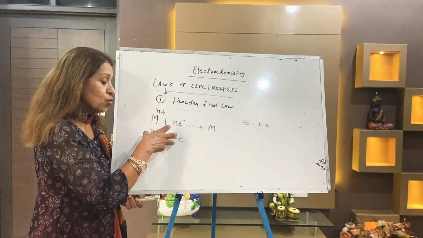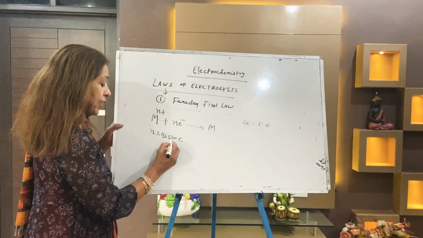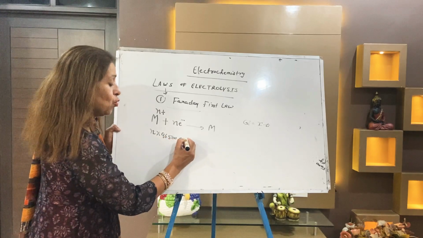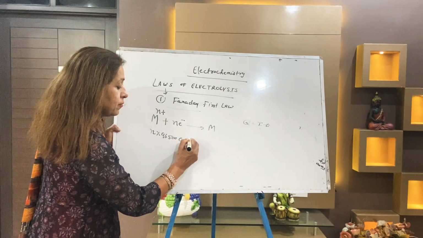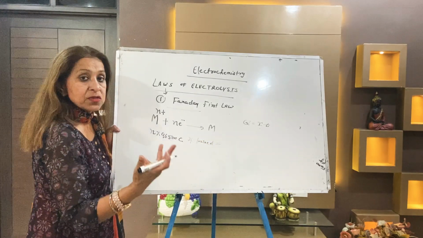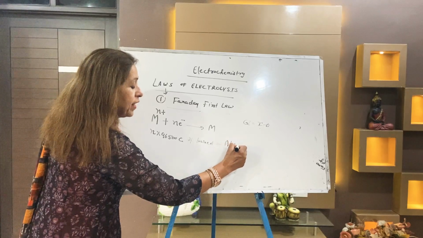So if this much charge, n into 96500 coulombs, is passed into the solution of the metal, write down in the unitary method, then how much metal is deposited? It is equal to the atomic weight of the metal.